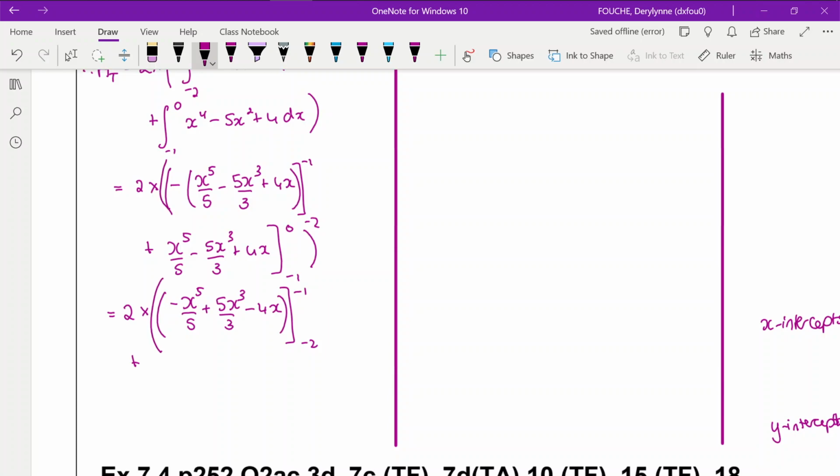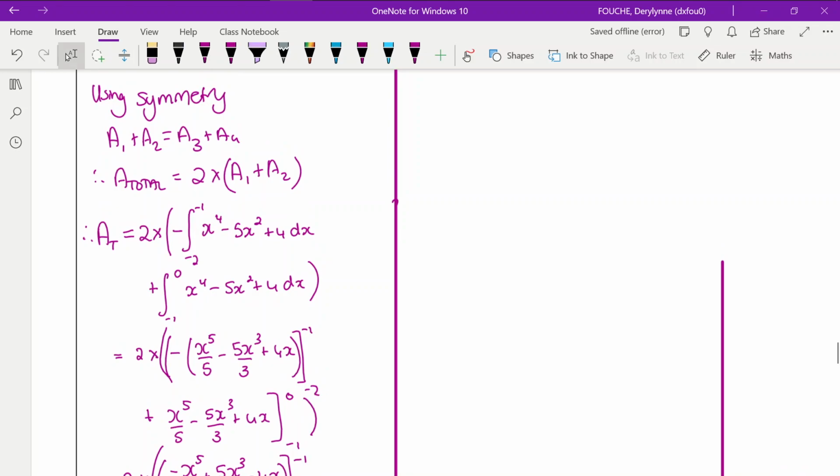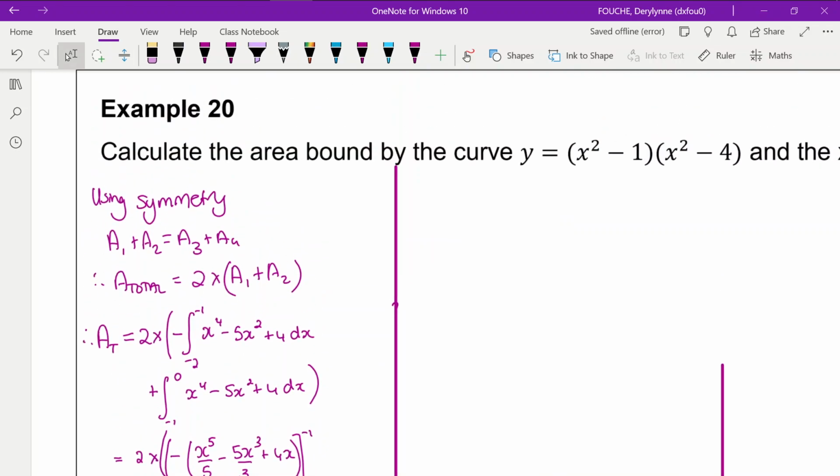Let's make sure that we're multiplying everything correctly. And we just got x to the 5 over 5 minus 5x cubed over 3 plus 4x between negative 1 and 0. Alright, now we can substitute our limits of integration in.